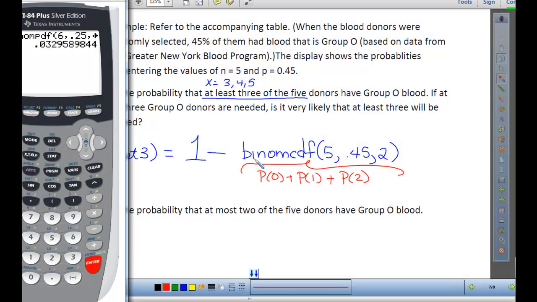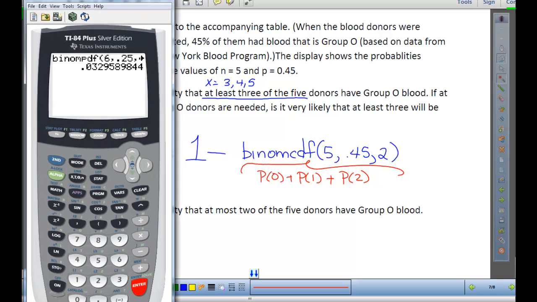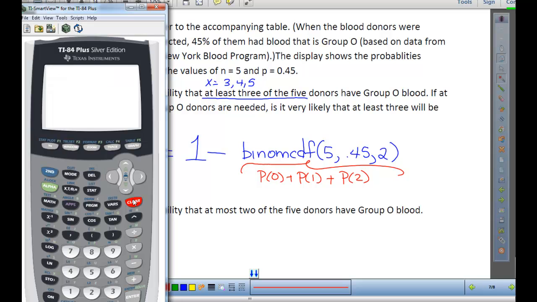Okay. All right, we've got 1 minus second distribution. Okay, I'm going to do alpha A because I know it's there and I don't want to arrow down. Oops, I should have done alpha B. I got to go back.